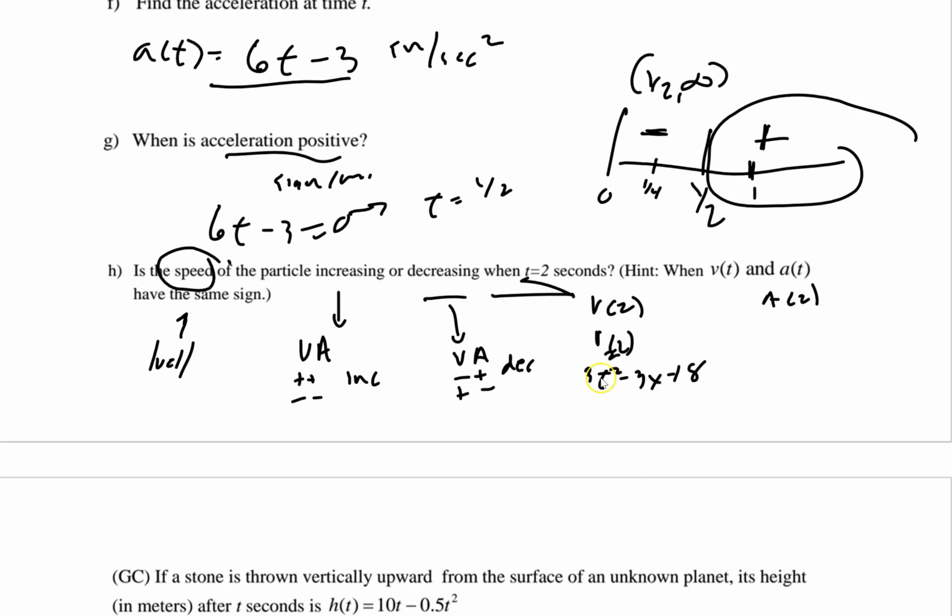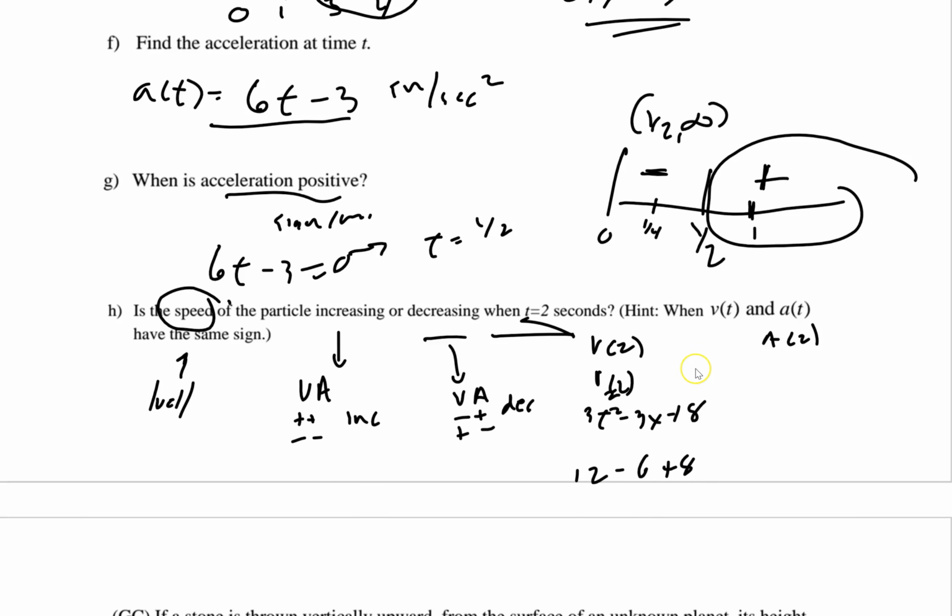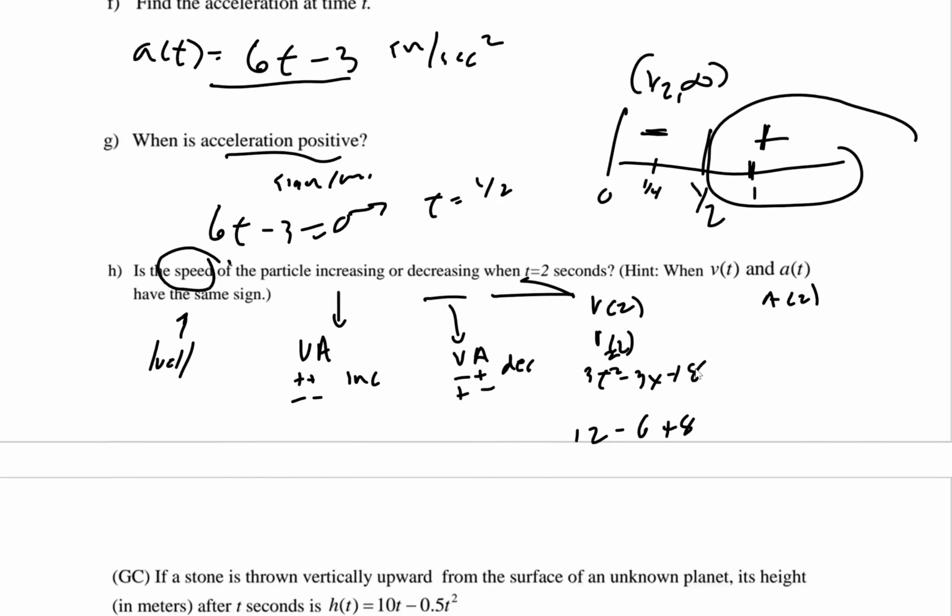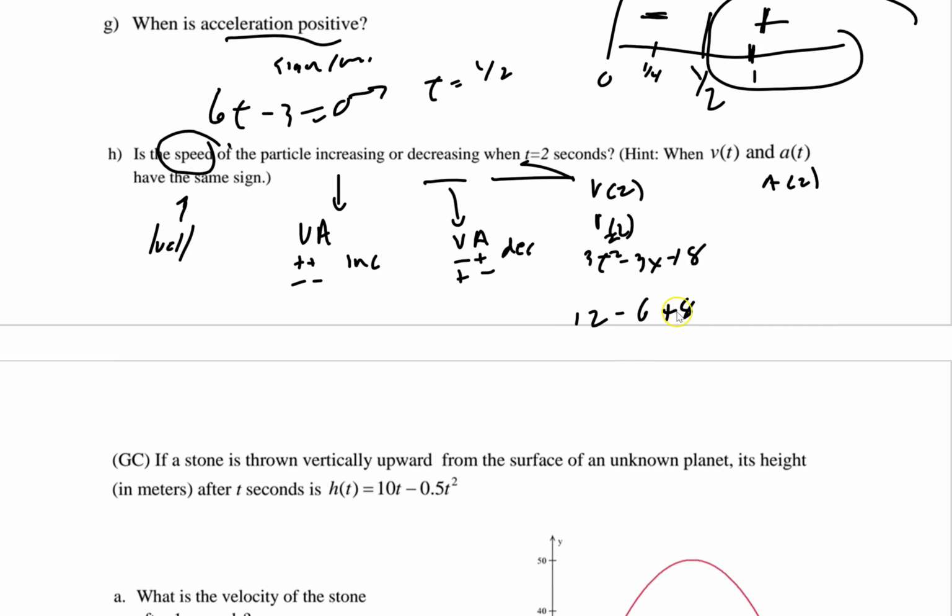Plug the 2 in, I get 4 times 3 is 12, minus 6, minus 18. I get 6 minus 18, which is negative 12, so this is a negative.